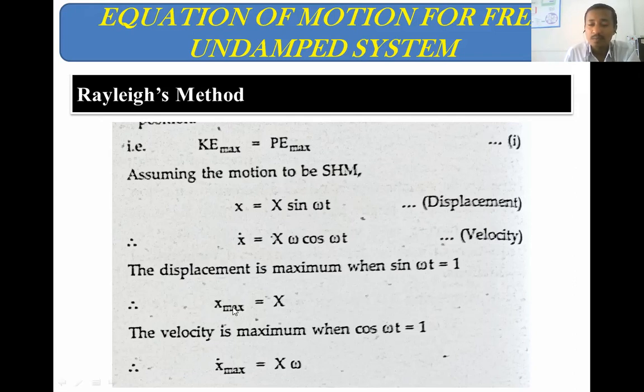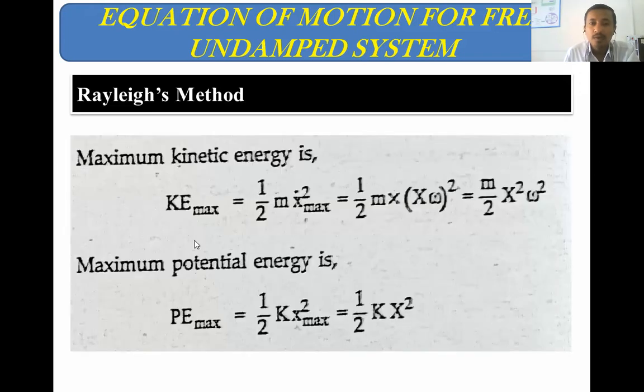So that's why we are interested in maximum displacement value and maximum velocity values. So if you substitute these two values in this equation, अभी देखो, maximum kinetic energy means it is half m maximum velocity square, x dot max means X omega.